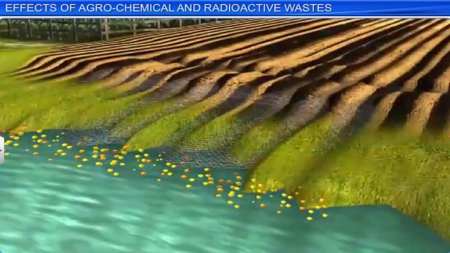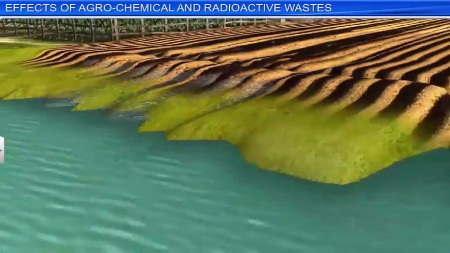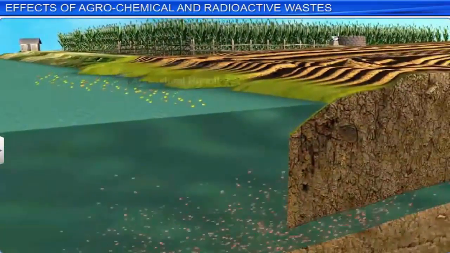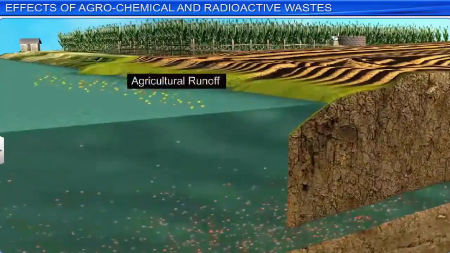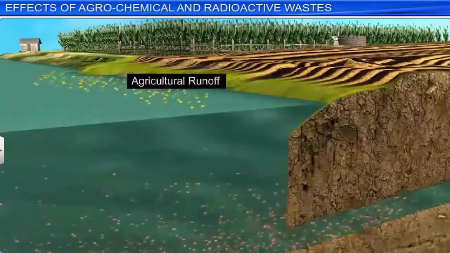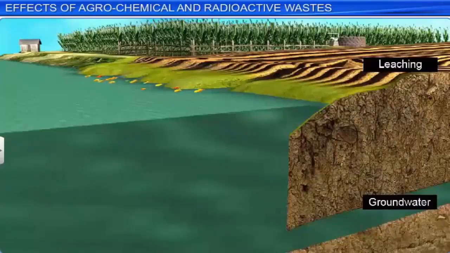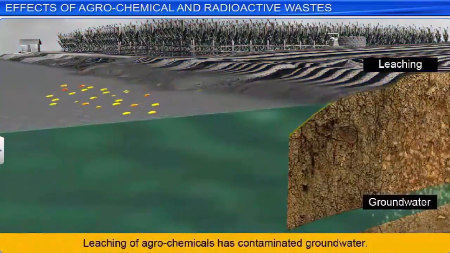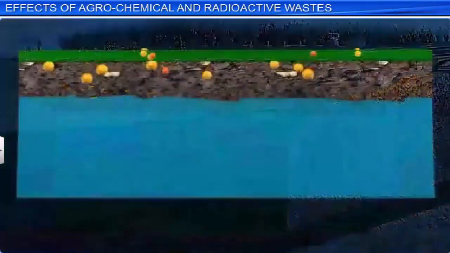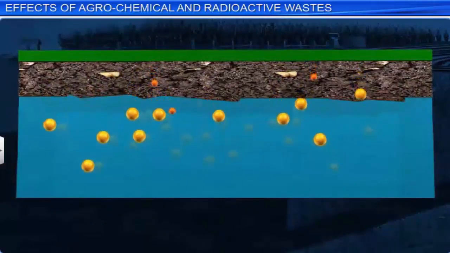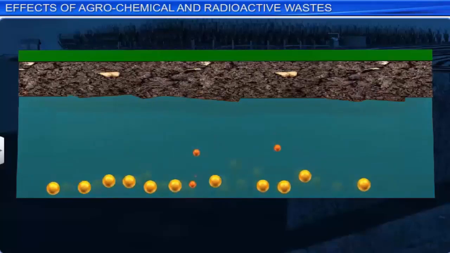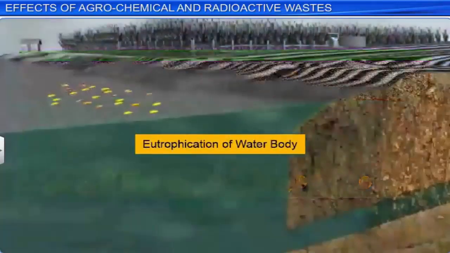Moreover, when water flows through these polluted fields, the runoff carries the agrochemicals into water bodies, thereby polluting them as well. Leaching of these harmful substances has also contaminated groundwater. In fact, large quantities of these chemicals in agricultural runoff have caused eutrophication in many water bodies.